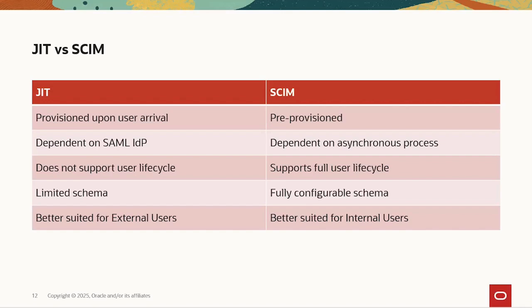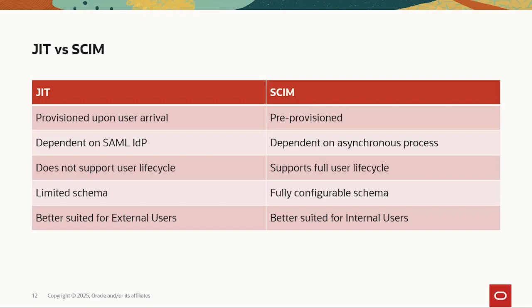If the user is not present in the identity domain, the identity domain would just go ahead and create that user, and then the user would be able to log in into the target application or the OCI console. This scenario is mostly preferred when you have users not logging in every day. I would say it could be your external users, who just log in once a week or something like that to have access to the resources.